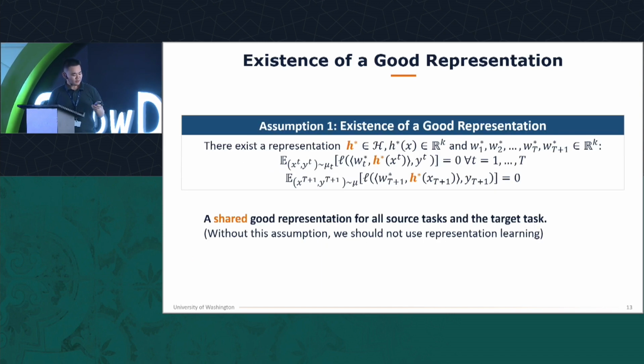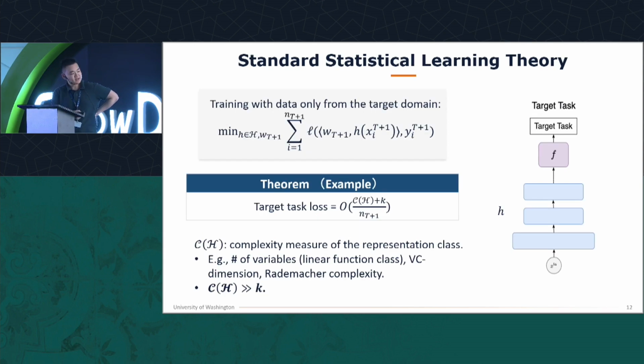Now what we want to show and study is when you can get a better bound using representation learning. This is what we know for only using the target task, but here we want to understand why, if you use representation learning, you can do better. In terms of theory, you hope to get a better bound than this one.